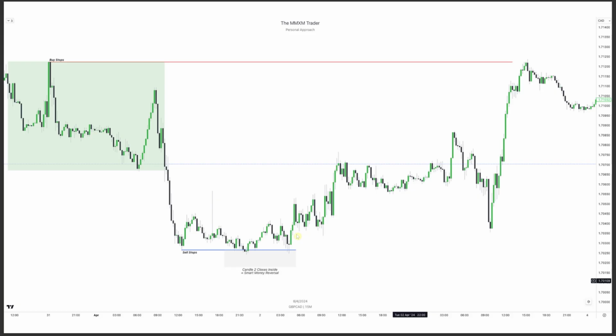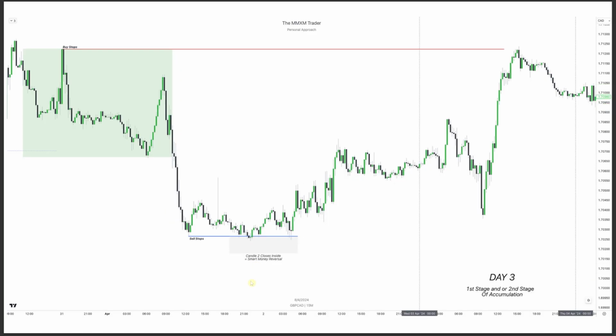Now we can dive into the 15-minute chart, and this is what we mean by market maker models are swing points. We see a clear sell side of the curve over here and an original consolidation of a market maker model. This is sell side of the curve, and remember, this is day number 2, the second candle in the swing low, which takes out sell side liquidity, which is the start of buy side of the curve, where the smart money reversal happens.